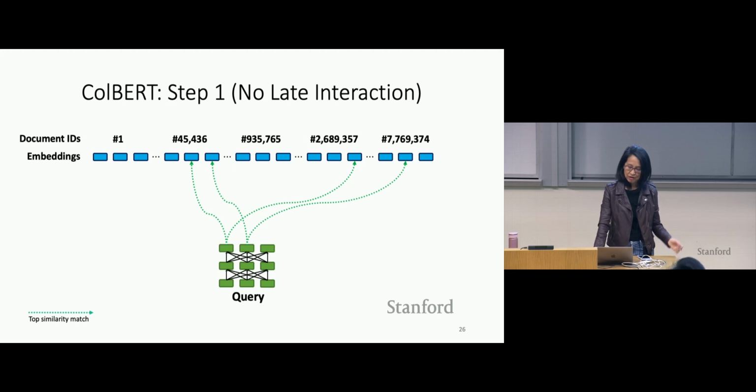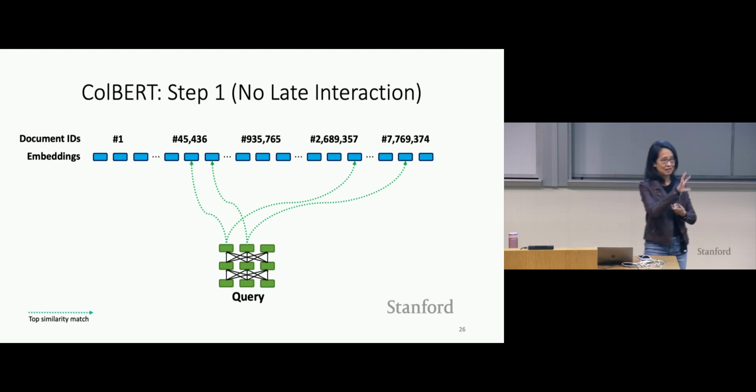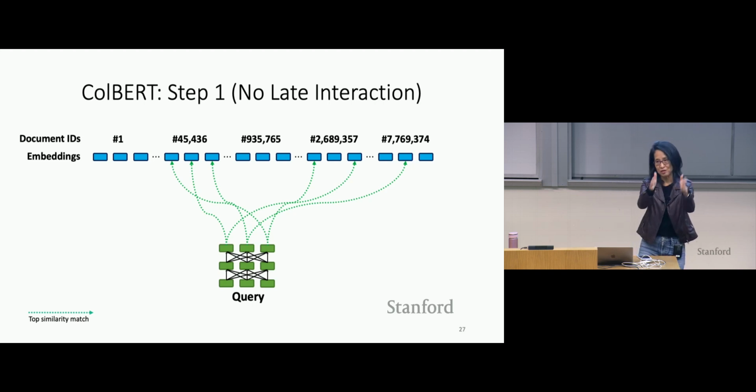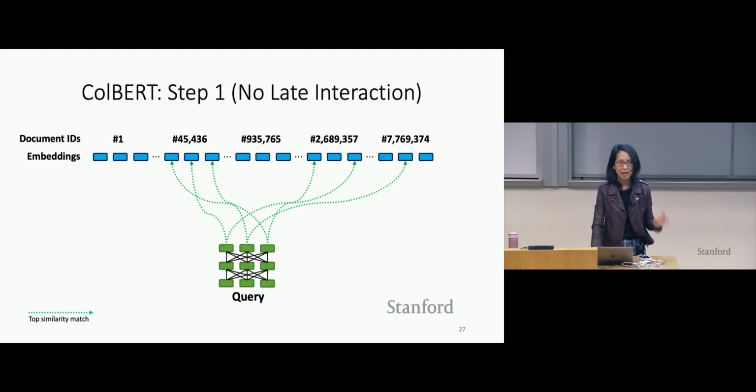So now we are looking at each part of the query and finding the documents that match each part, because for the question you really want to assemble it from different parts. Then, given the embeddings that match, you figure out which documents those closest-match embeddings belong to, and those will be your candidates. That's the result of step one.